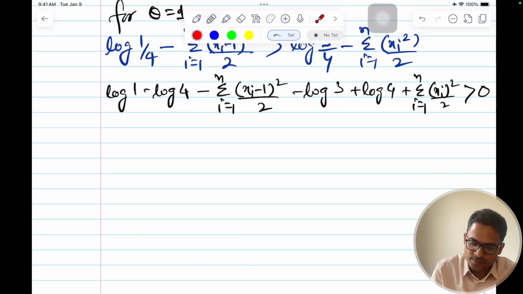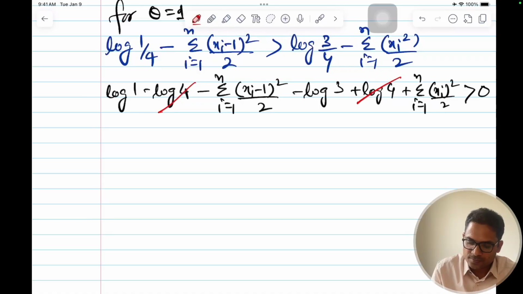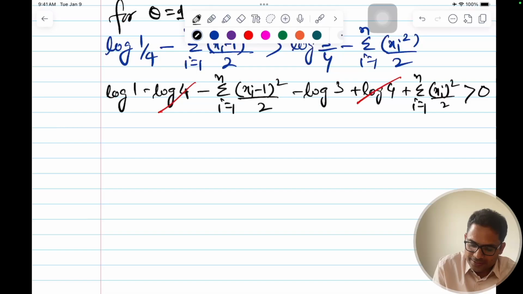Now let's cancel out some terms. Log 4 is there, log 4 is there, that will go. So this will become log 1 minus log 3. Sigma, I'll bring it here, i equal to 1 to n, and I'll bring all these terms together.